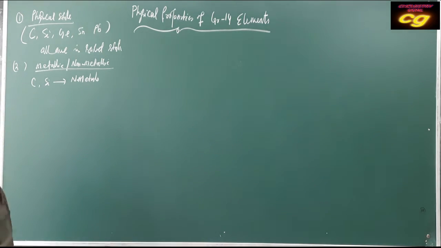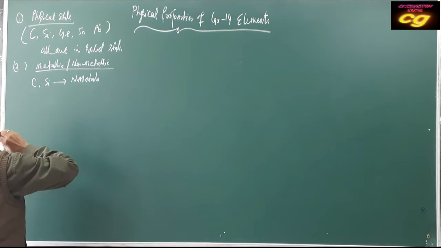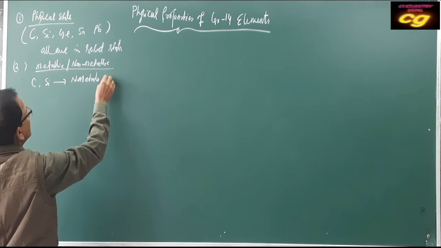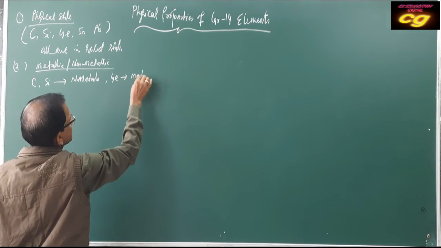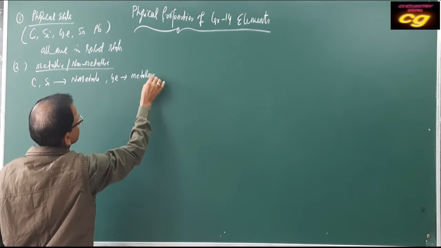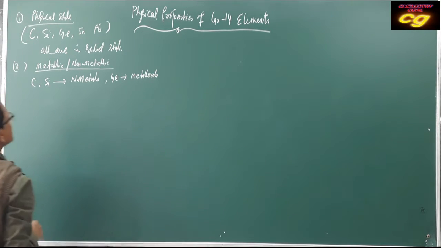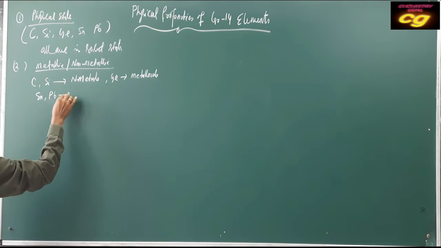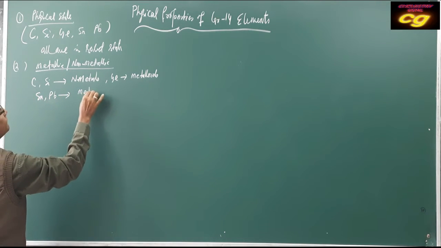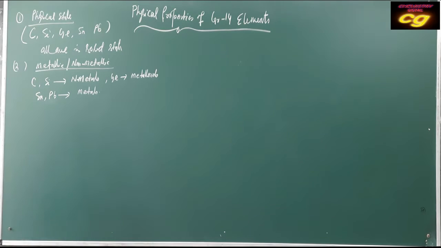You can remember it as a non-metal. And germanium is a metalloid. And tin and lead are both metals. So these are the metallic and non-metallic characters of the elements in this group.